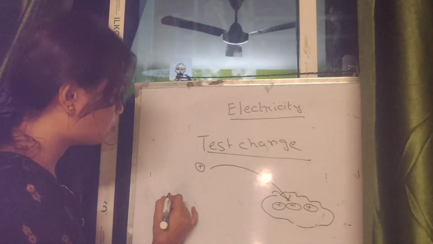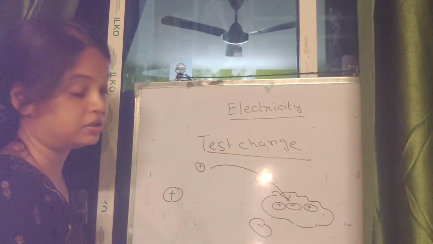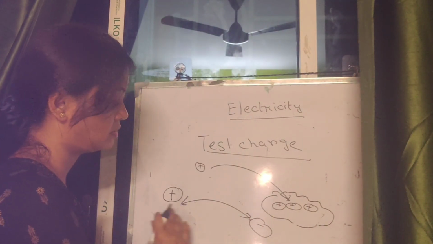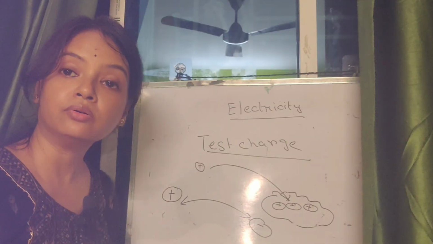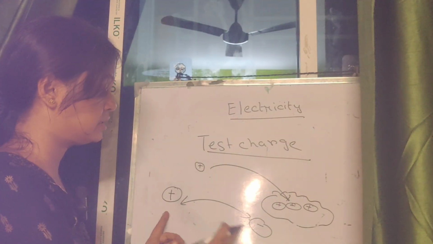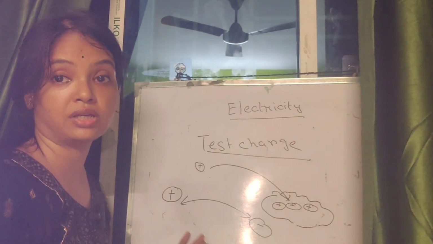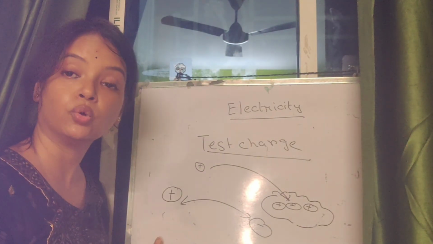Now, if two charges are separated by an infinite distance, there is almost no force. These charges are not acted on by any force because they are at infinite distance, and since no force is there, no work is done.